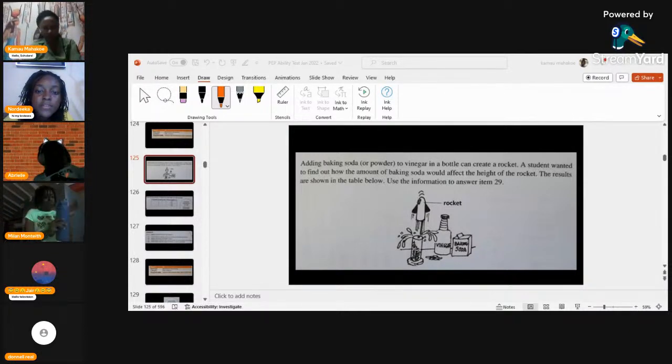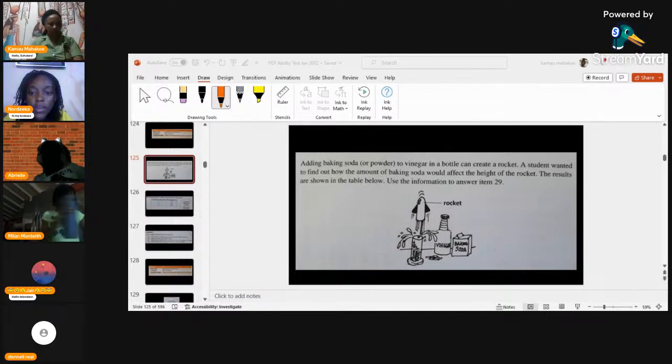Adding baking soda or powder to vinegar in a bottle can create a rocket. A student wanted to find out how the amount of baking soda would affect the height of the rocket. The results are shown in the table below.